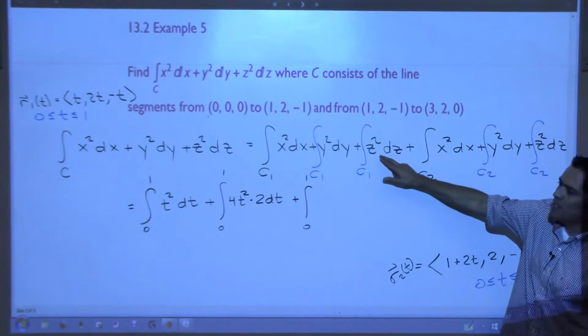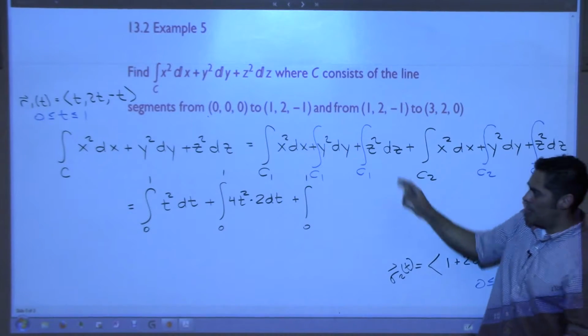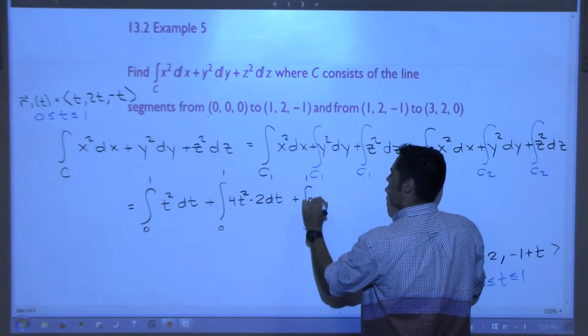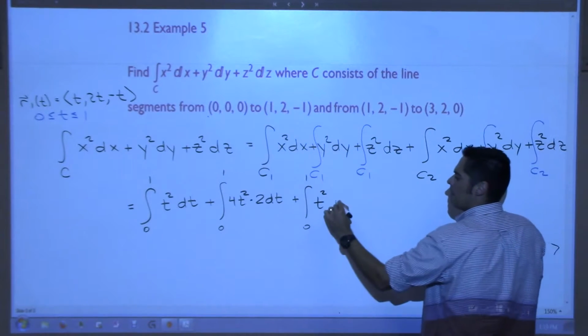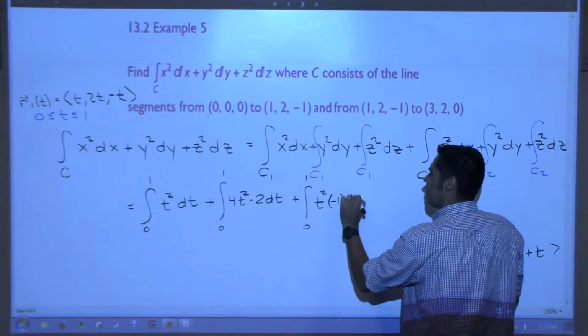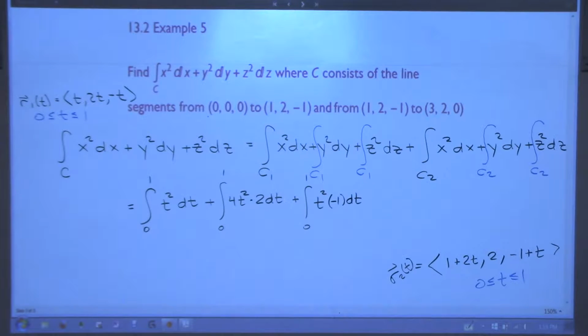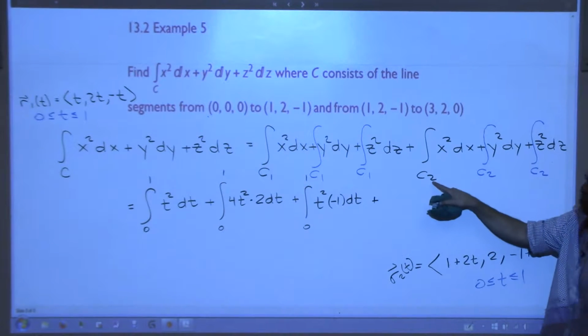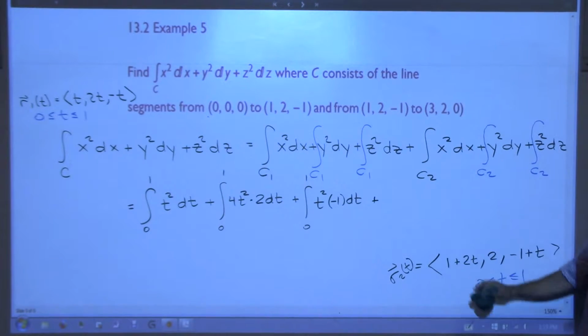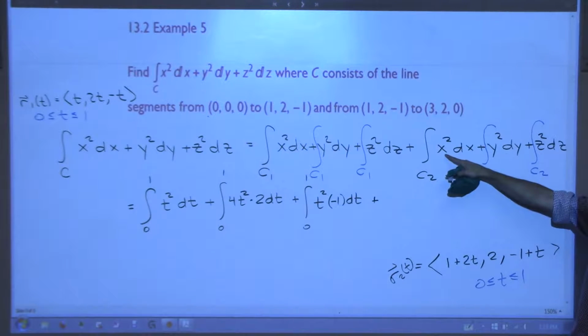Last one, z squared: negative t times negative t is t squared. And dz, the derivative of z, is negative 1 dt. Follow? Plus, we keep going. Now we're looking over C2, so I'm looking at this one. x squared.